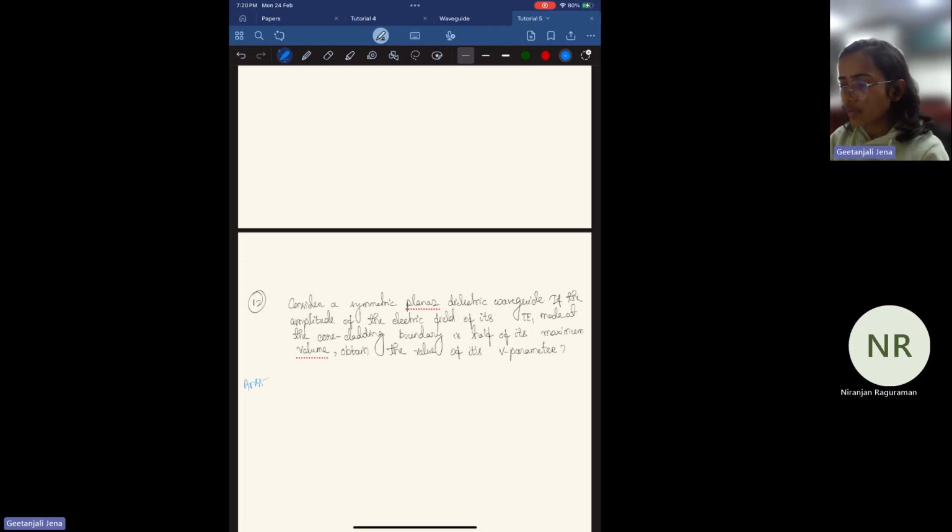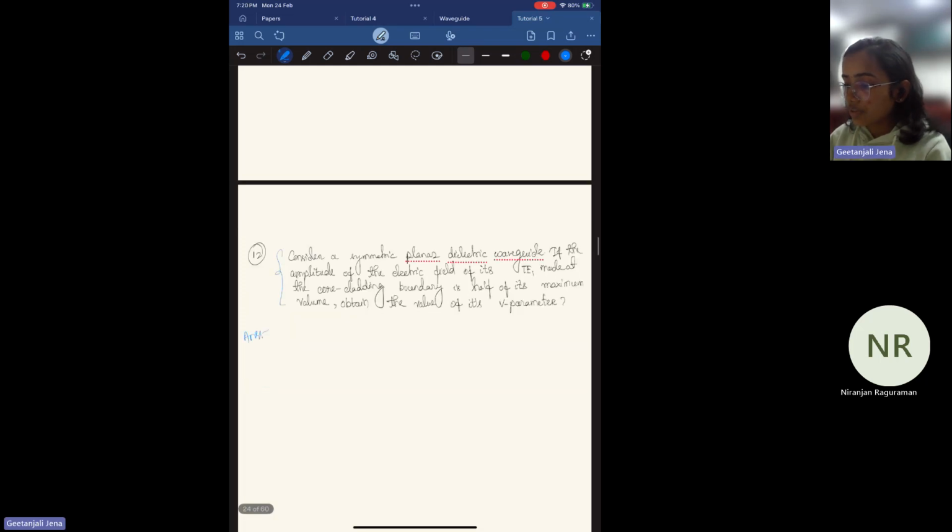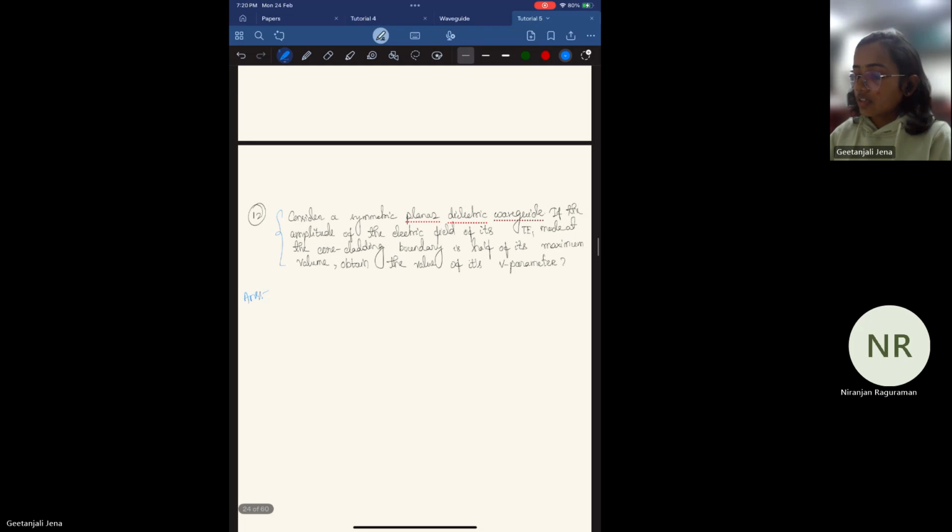We have solved this problem before also, but here the concept is totally different. So let us see how. It is given: consider a symmetric planar dielectric waveguide. If the amplitude of the electric field of its TE1 mode at the core cladding boundary is half of its maximum value, then what is the value of the V parameter? We have seen this earlier also, but here we need to be careful while calculating the value of kappa a.